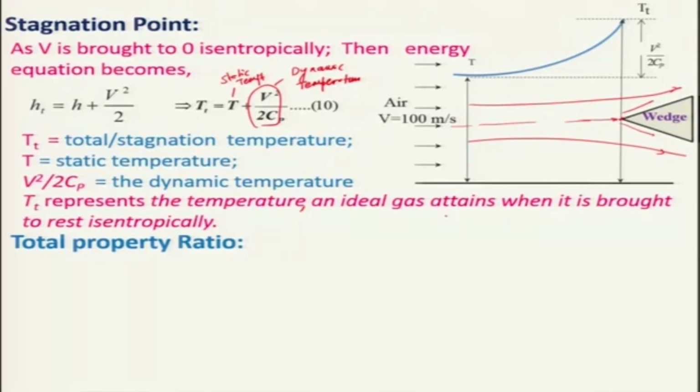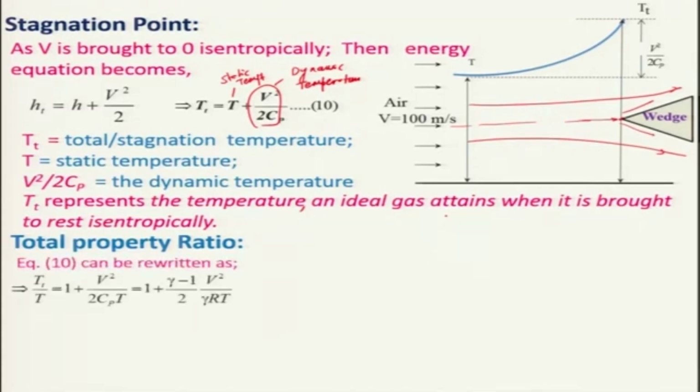Total property ratio is what we will be dealing with, because equation 10 we can convert into Tt. I can divide this equation 10 by temperature here, and so also temperature here, and we can get it in terms of gamma minus 1 divided by, because Cp is equal to gamma R divided by gamma minus 1.